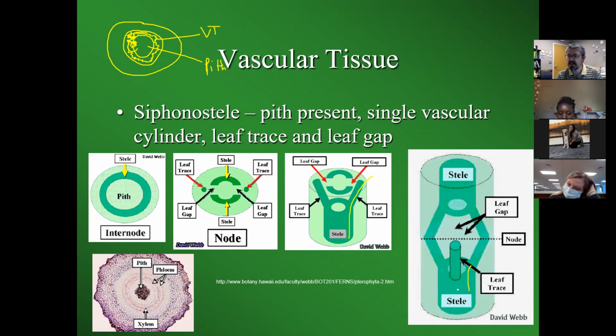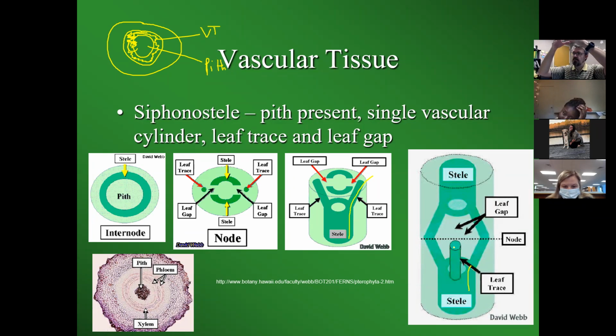Why do we have a gap? Because the vascular tissue that would have gone straight up, continuing the stele, ends up coming outwards into the leaf. Everybody good with that? But that doesn't mean that it breaks completely, because remember, it goes all the way around. So part of that cylinder continues off to the sides. So we've got a leaf trace coming out into your leaf. The gap is right above it.